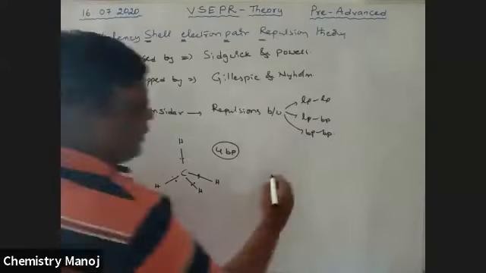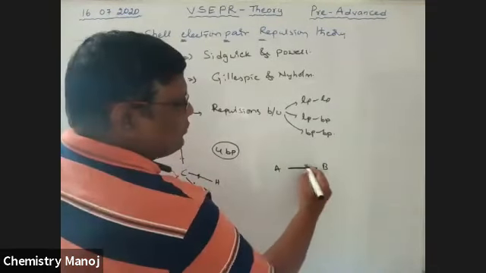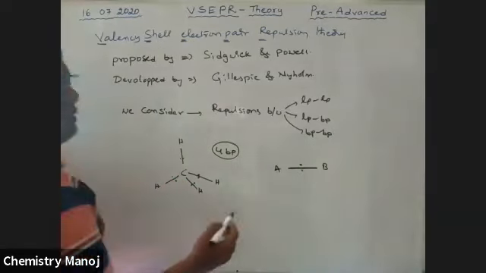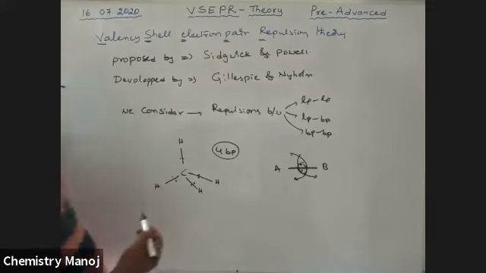See, my dear boys, along A and B there is a bond, so there is a bond pair. This bond pair is attracted by both the A atom and the B atom.